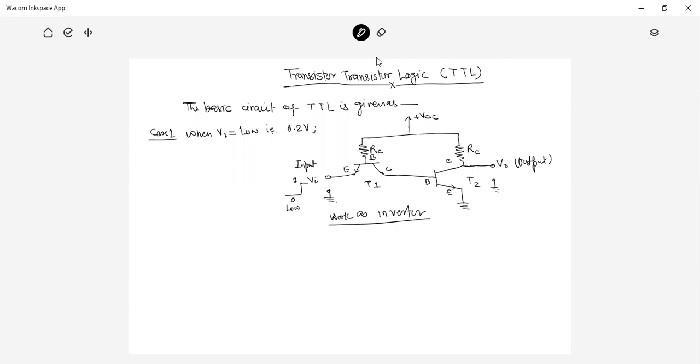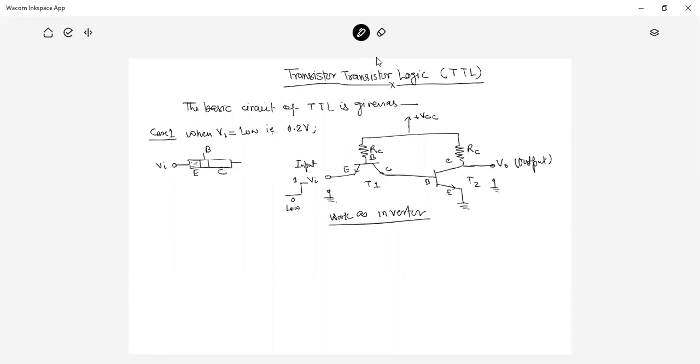From this voltage Vi low, there is the base emitter junction. If we see this case, here it is Vi, and there is a transistor. This transistor is something like this. Here it is base, emitter, and collector, and this is the collector terminal.